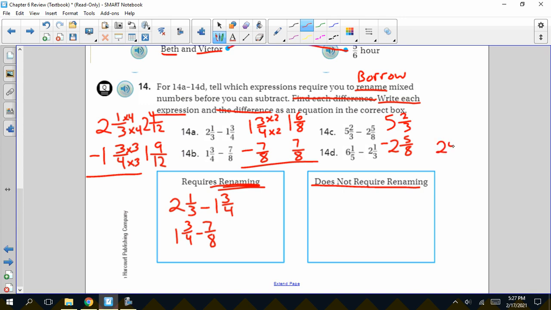They both can turn into 24. 3 times 8 and 2 times 8 is 16 24ths. 8 times 3, 5 times 3 is 2 15 24ths. If we look to subtract 16 24ths minus 15 24ths, that would work without borrowing. So therefore 14C is going to go into does not require renaming.